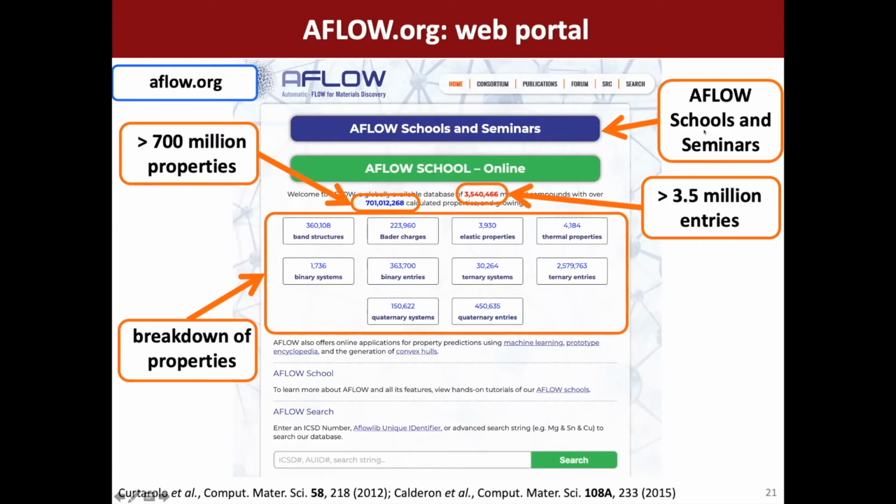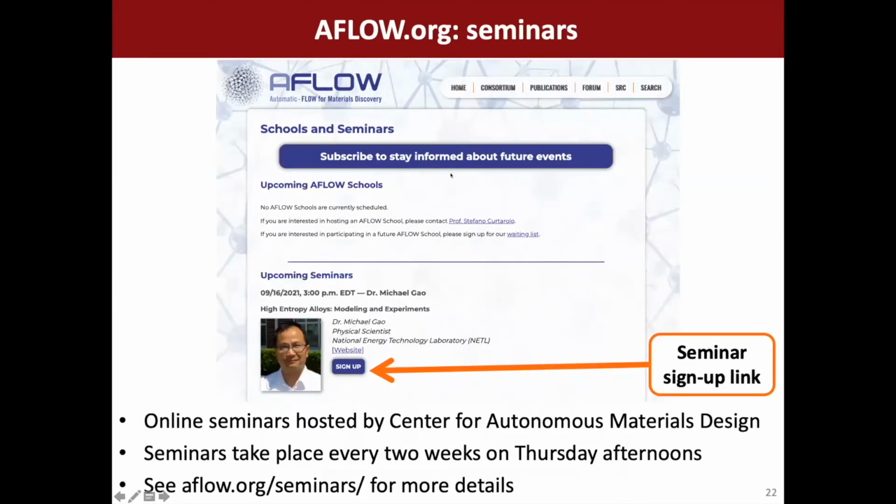And then we also have our AFLOW schools, like this school, for example, and also our AFLOW seminar series. If you go to the schools and seminars page, first of all, you can see upcoming future schools. So if you want to attend another school in the future, you can keep an eye on this page. You can also watch for upcoming seminars.